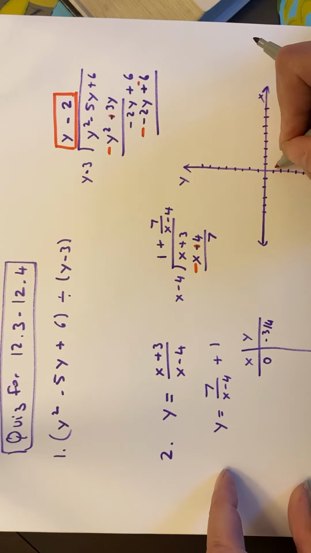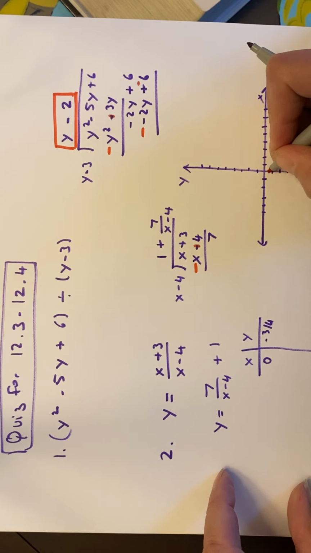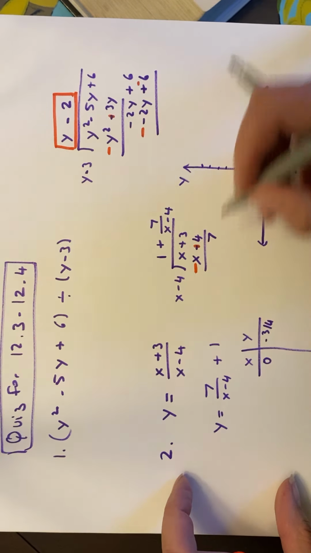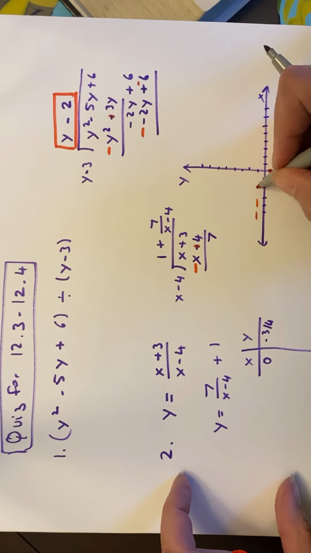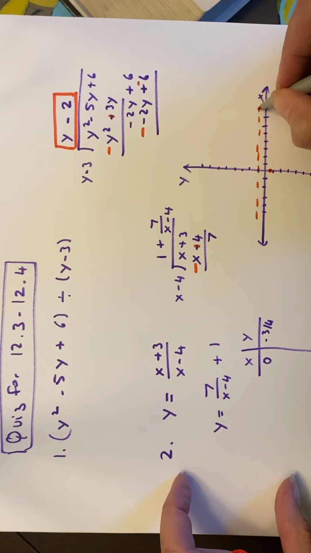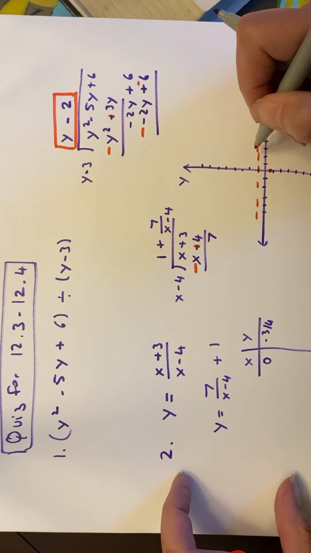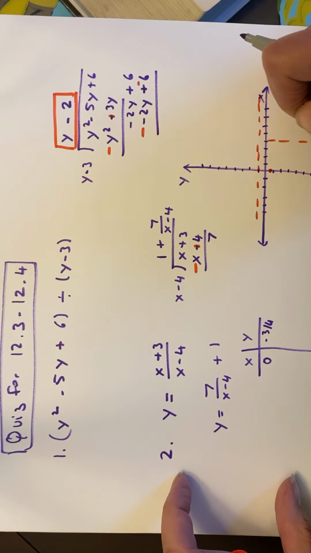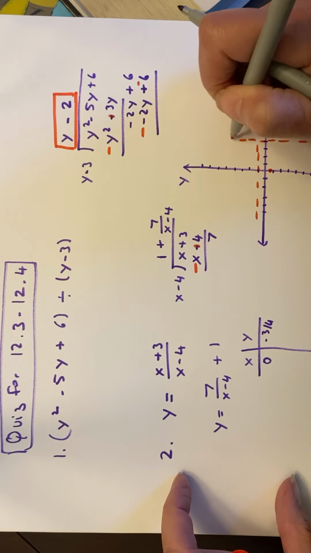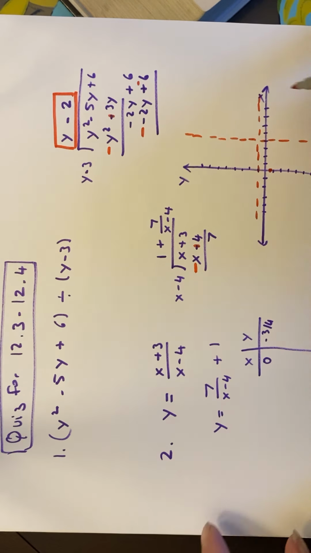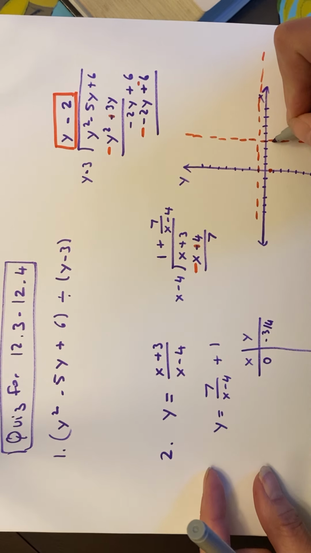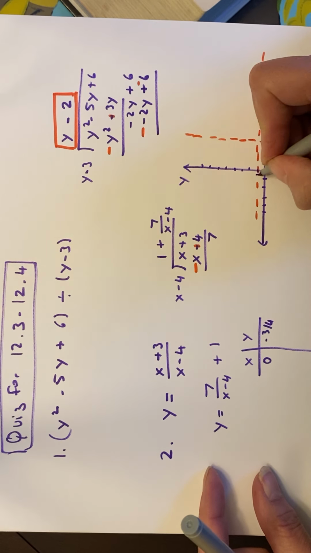So 0 and negative 3/4. Oh, and I should draw my asymptotes. So here's my horizontal asymptote and my vertical asymptote. I should have done that first thing so that I can position my graph correctly. And this is at 4, and this is at 1.